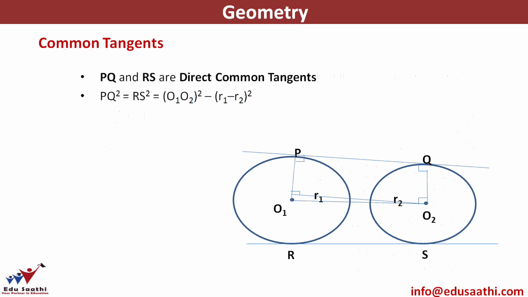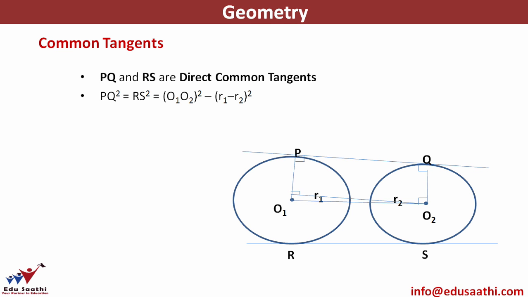Now let's look at the case of common tangents. If you have two circles which are not joining, which are not touching, which are not intersecting, you can have a pair of tangents which can be tangents simultaneously to both the circles.